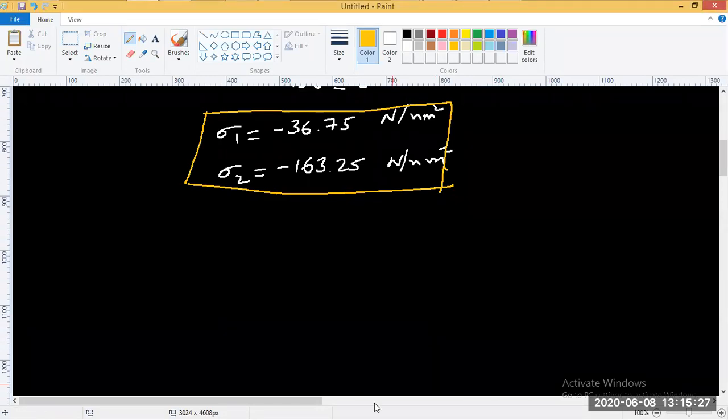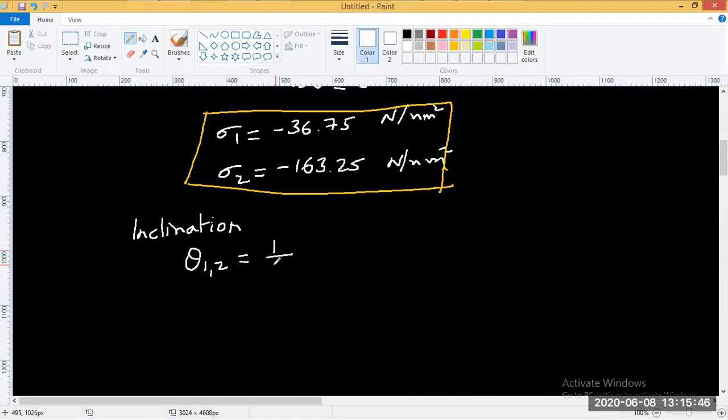So next is inclination. Inclination, that's nothing but the angles theta 1 and 2.